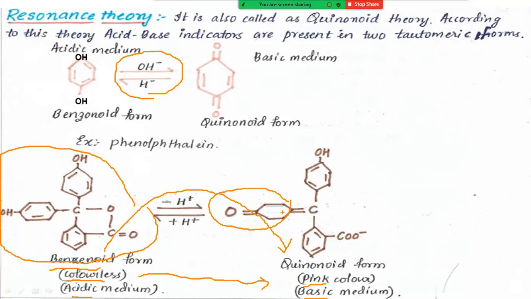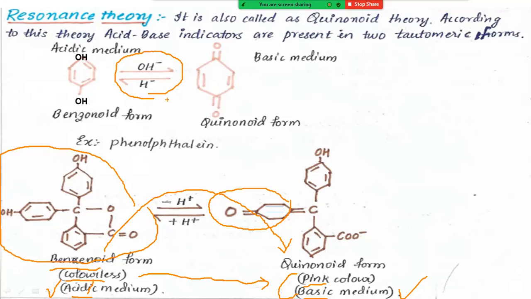So that means phenolphthalein gives two colors, in acidic medium as well as basic medium. In acidic medium it gives a colorless compound, and in basic medium it gives a pink compound. How does this color change with the medium?